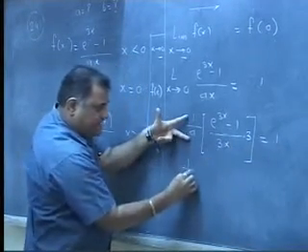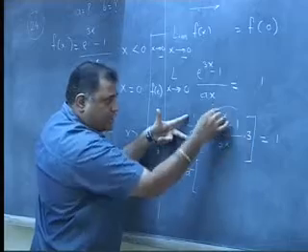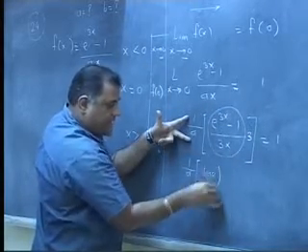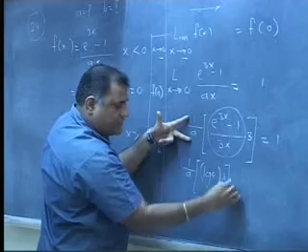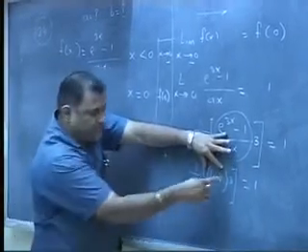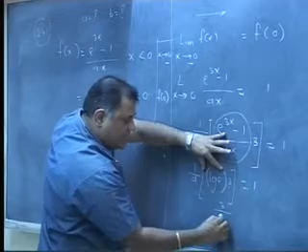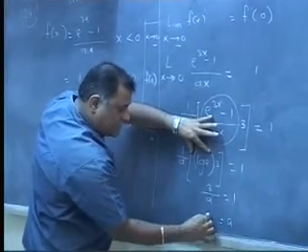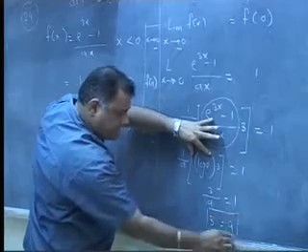So 1 upon a as it is, and this whole quantity becomes log of e into 3, which is equal to 1, since log of e is 1. So I will get 3 upon a is equal to 1. So when I cross multiply, I get a is equal to 3.